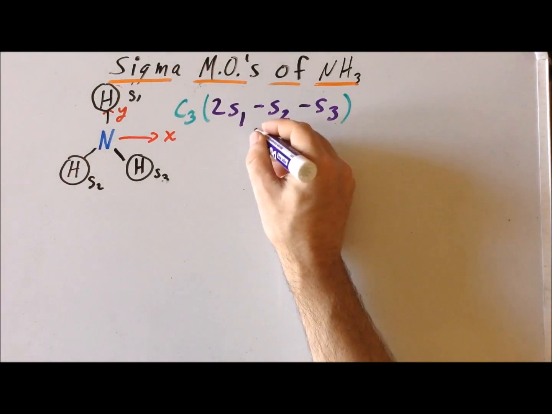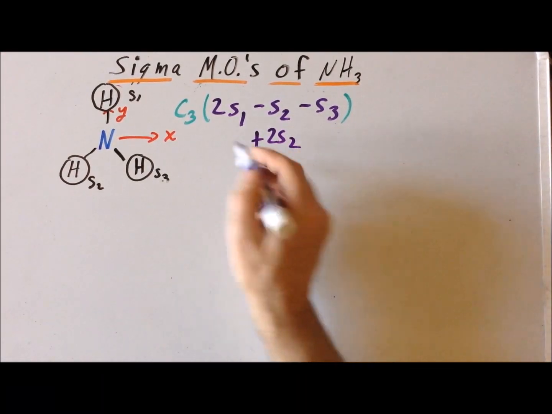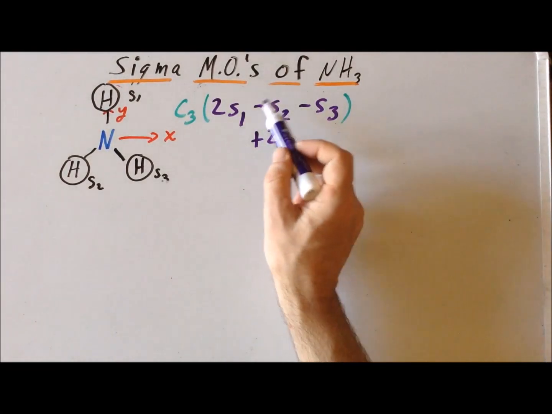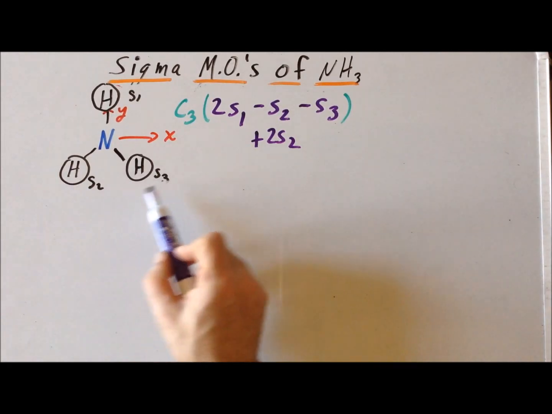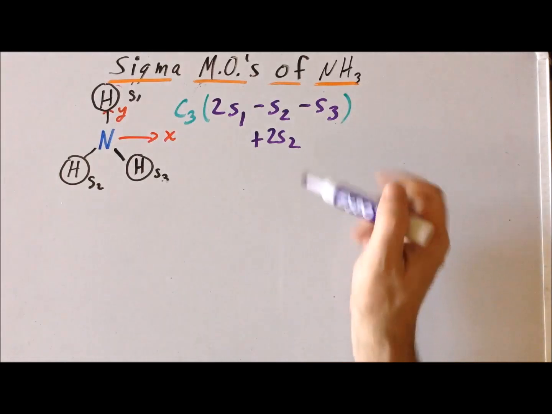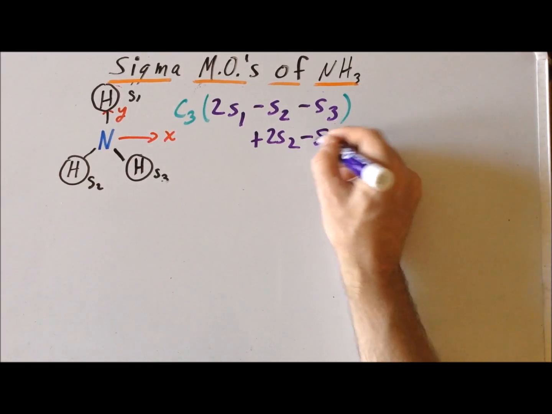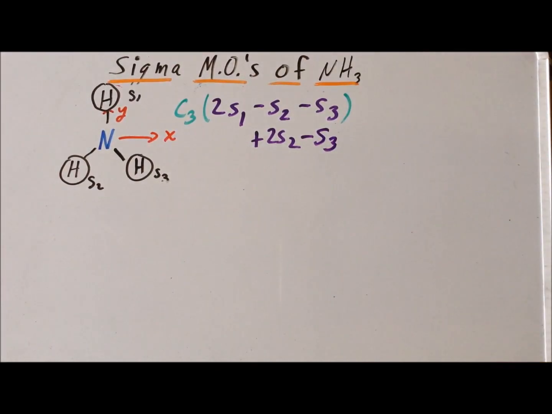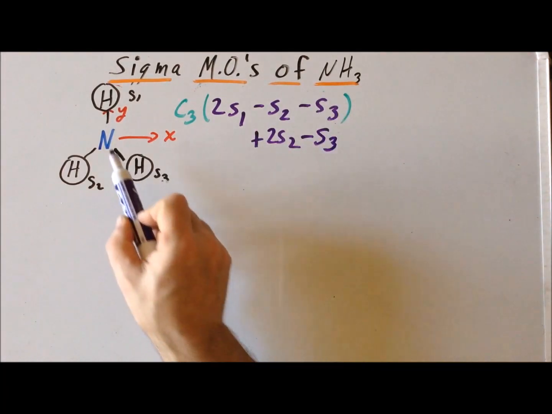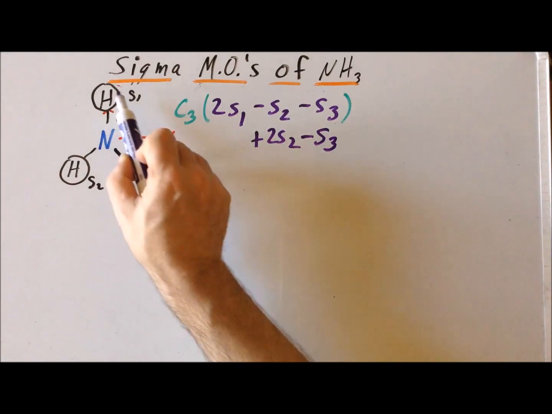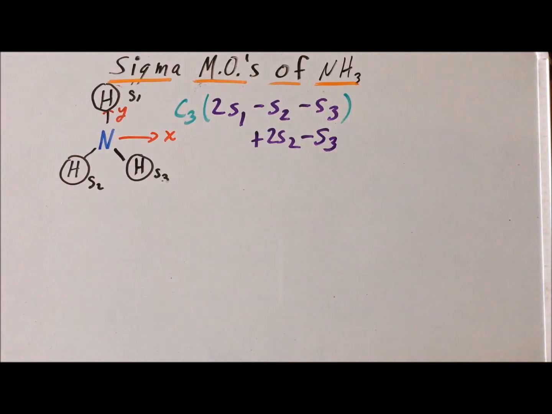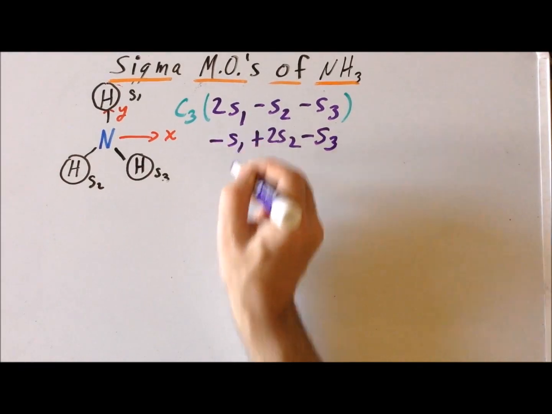So our 2S1 becomes 2S2. And I'm going to write the effect on the next line. Similarly, if I do a C3 on S2, it turns S2 into S3. So if I do a C3 on minus S2, it becomes minus S3. Last but not least, for S3, if I do a C3 on S3, S3 becomes S1. So if I do a C3 on minus S3, it becomes minus S1.